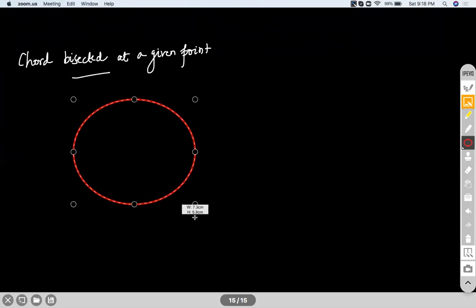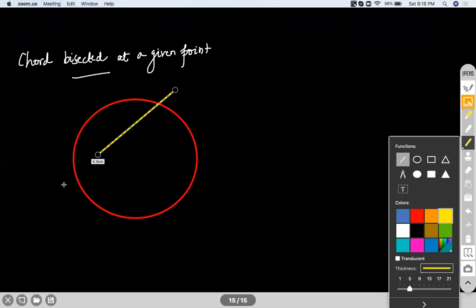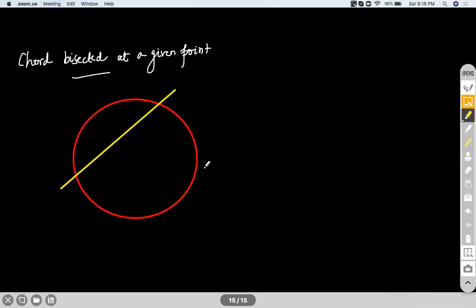Next concept that we are going to take up is the concept of chord bisected at a given point. So if I give you a circle whose equation is x square plus y square is equal to a square, and there is a chord whose midpoint is x1, y1.